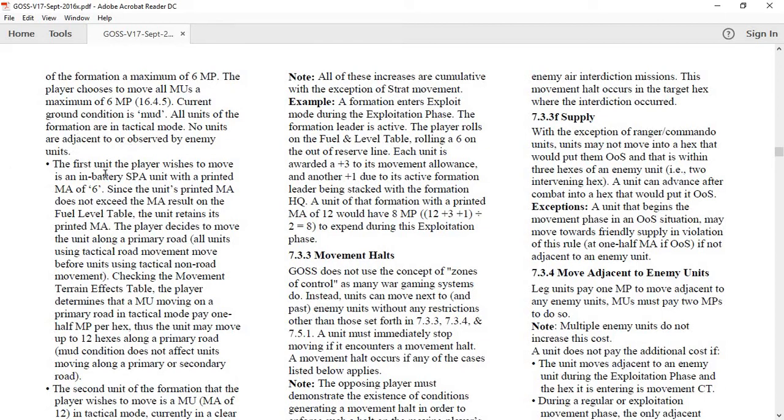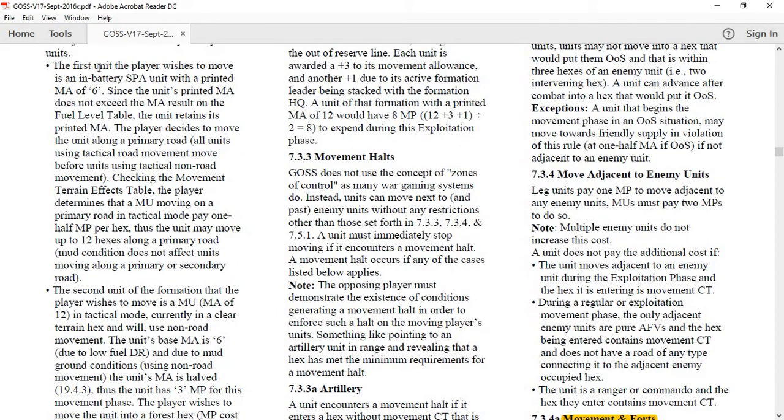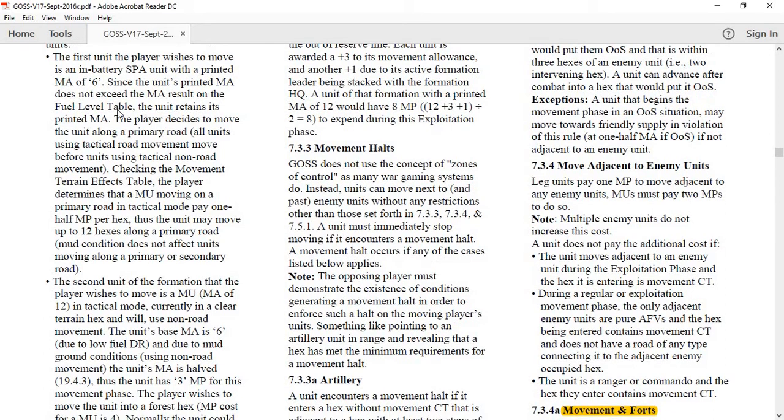The first unit the player wishes to move is an in-battery SPA unit with a printed MA of 6. Since the unit's printed MA does not exceed the MA result on the fuel level table, the unit retains its printed MA. The player decides to move the unit along a primary road. All units using tactical road movement move before units using tactical non-road movement.